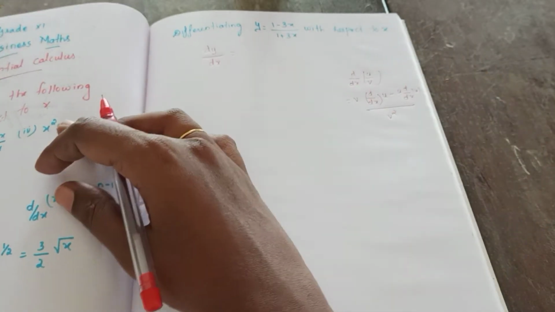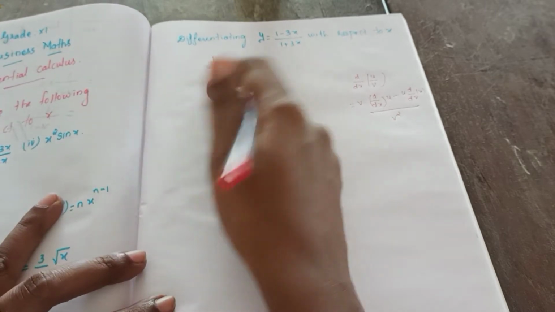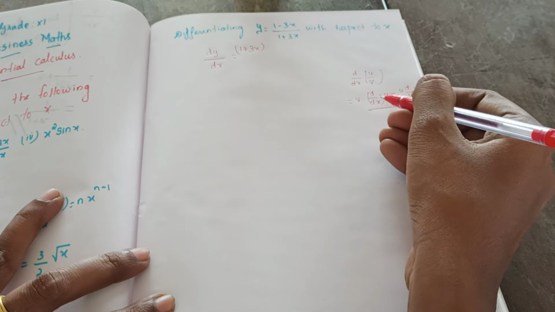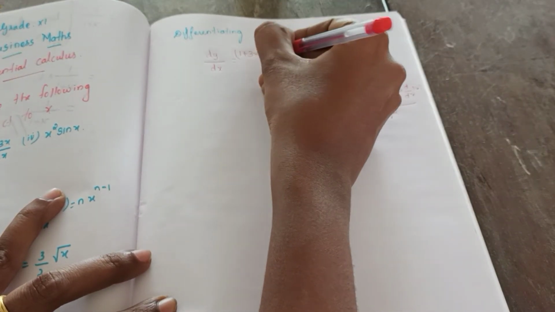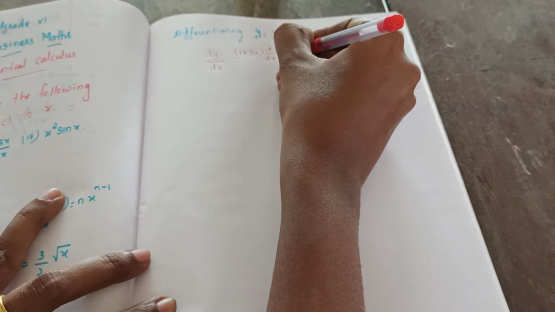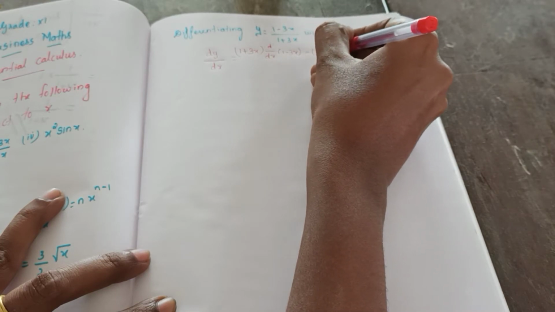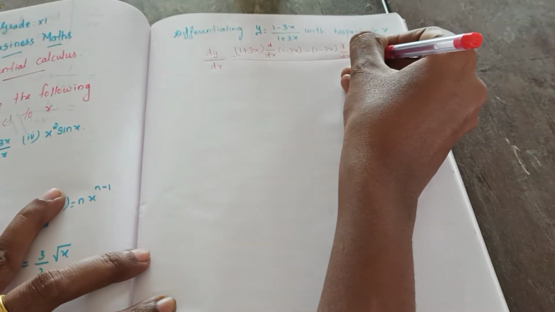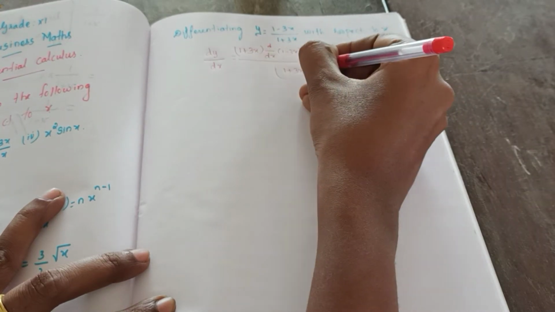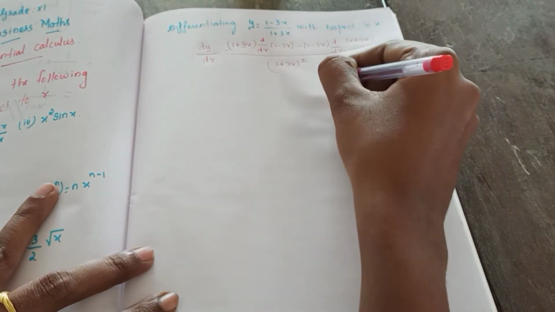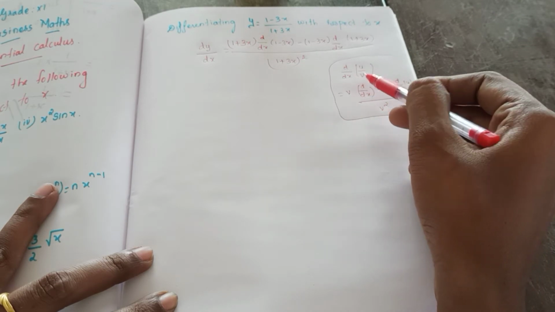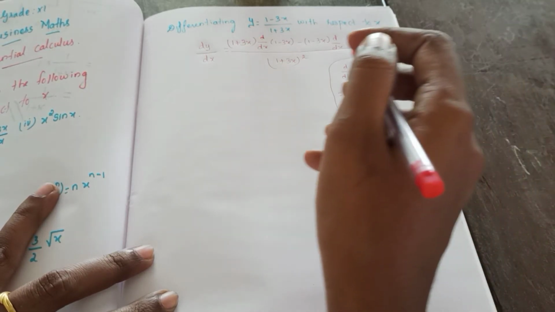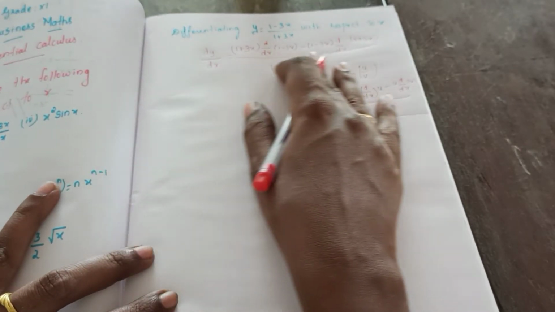So dy by dx is equal to 1 plus 3x into d by dx of 1 minus 3x, minus 1 minus 3x into d by dx of 1 plus 3x, divided by v square, which means 1 plus 3x the whole square. We are using this quotient rule here.